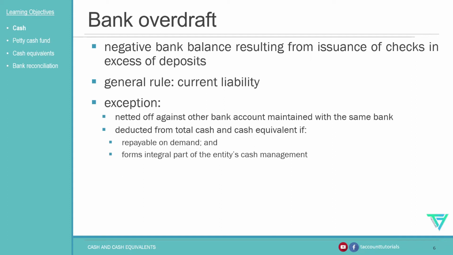So, how do we know if the banking arrangement forms an integral part of the entity's cash management? According to IAS 7, if the bank balance often fluctuates from positive to negative, then it can be said that it forms an integral part of the entity's cash management.